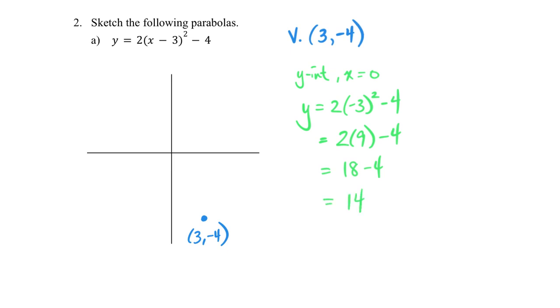You'll also notice something that pops up. I mentioned earlier that I wouldn't actually plot my vertex, and you can maybe see why. If I were now to go and put my vertex on my grid, well, 14 would have to be way up here. That's the maximum position my set of axes allow me to use.